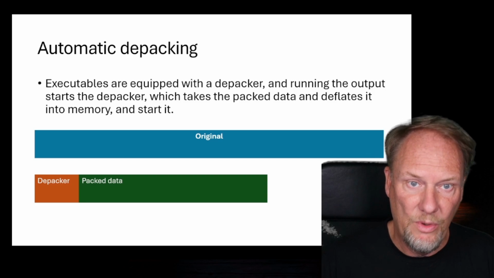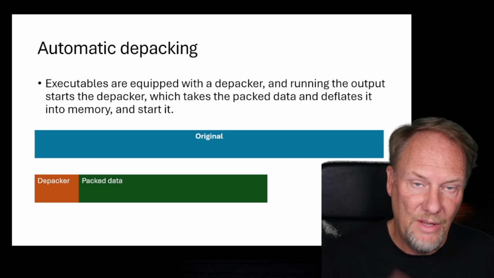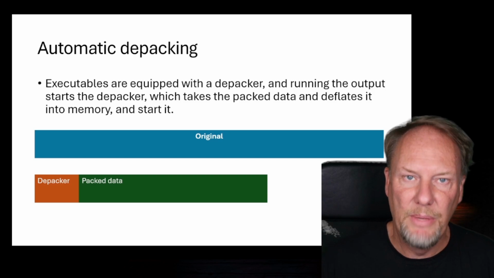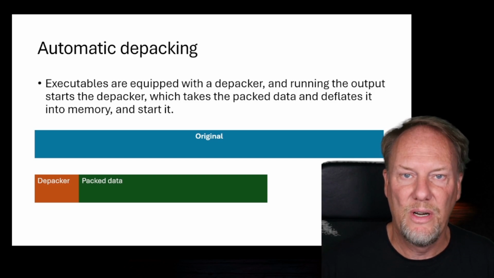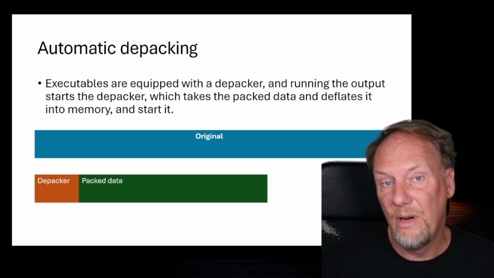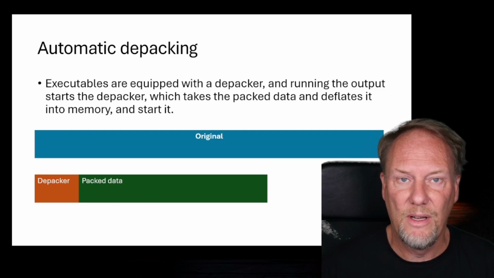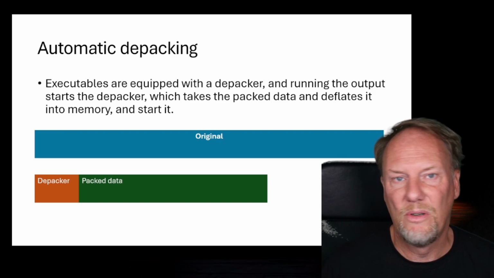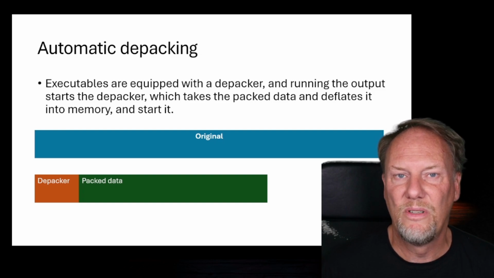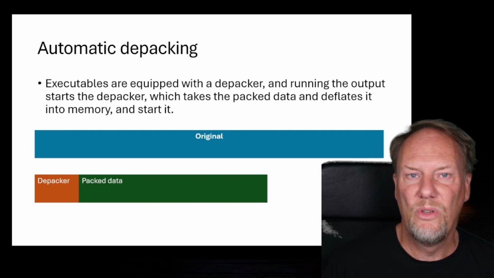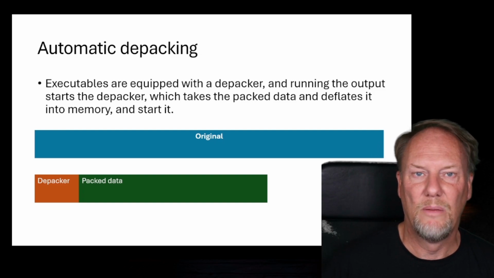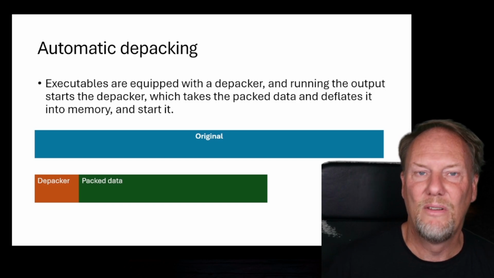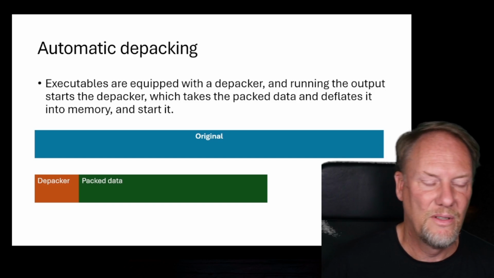So when you load that file, the depacker runs, it depacks the packed data so it becomes the original, and then starts it. On the C64 and also on the Amiga, when stuff like that was done, you typically saw some flickering of colors or a bit of a sound effect to show you that the machine was actually working, so you wouldn't get annoyed that it didn't start even if you clicked it.